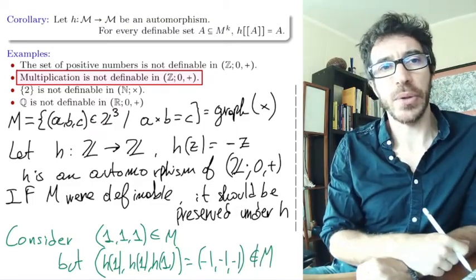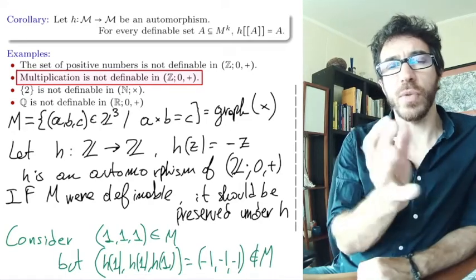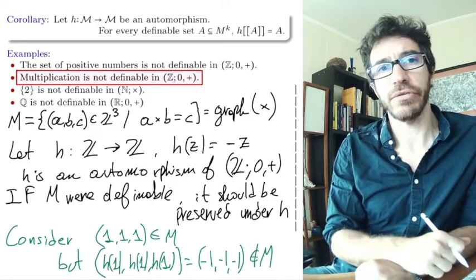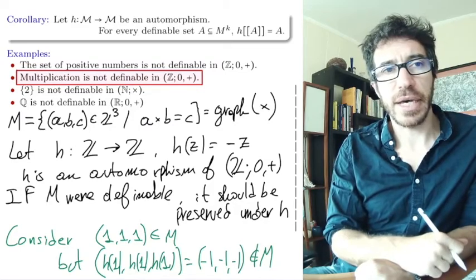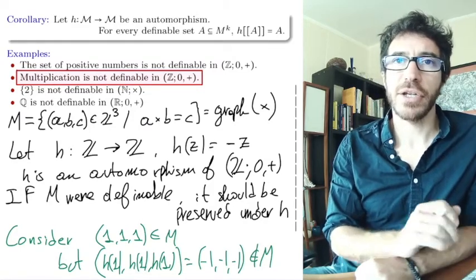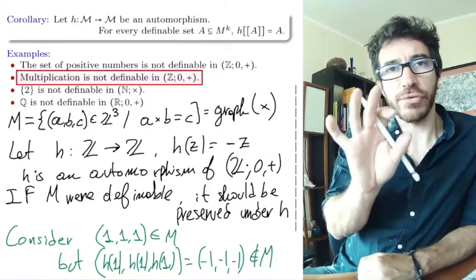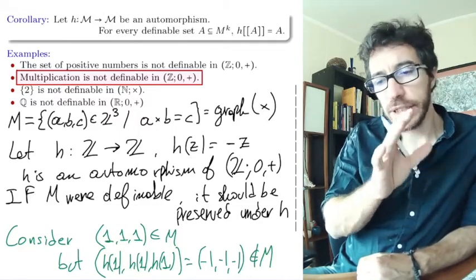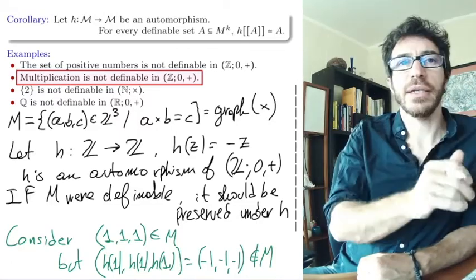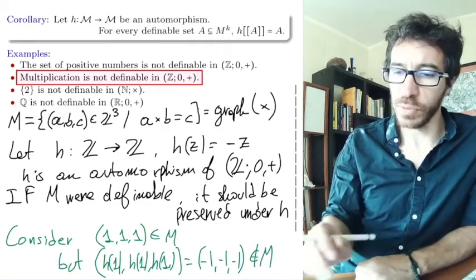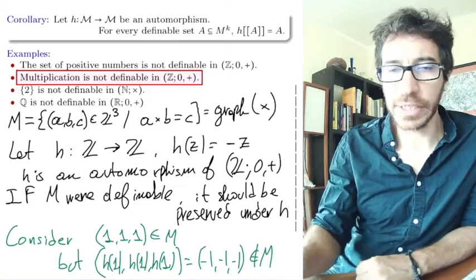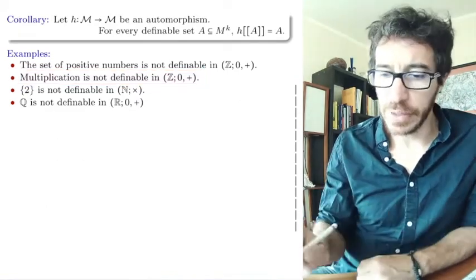So multiplication is not preserved when you flip the sign of the integers. That means multiplication cannot be defined using just 0 and plus. There is no first order formula that you can write using only 0 and plus that is going to define multiplication. Cool.